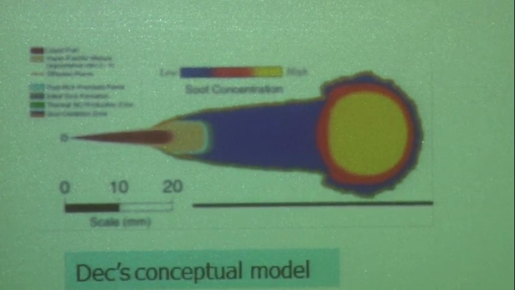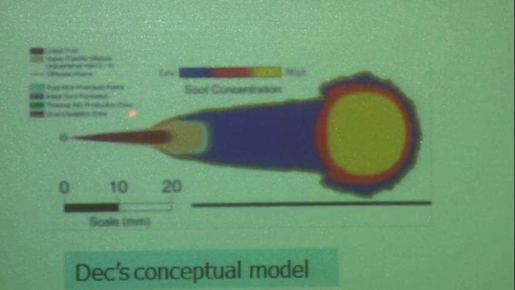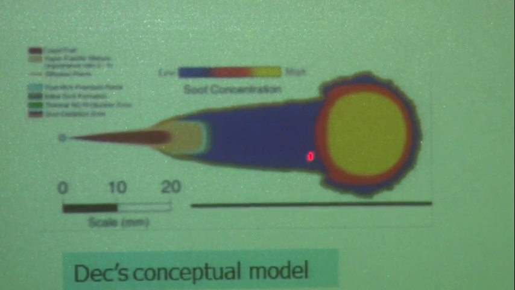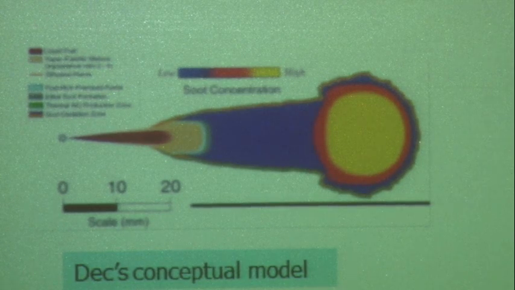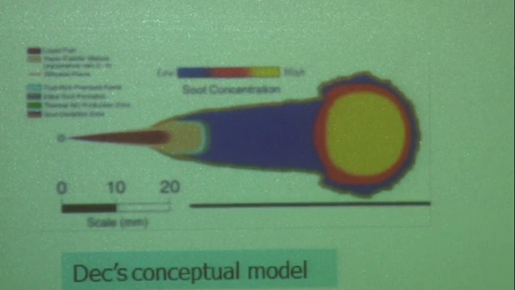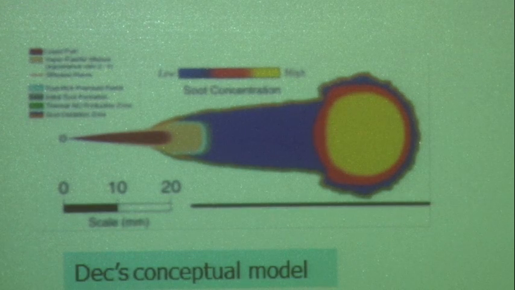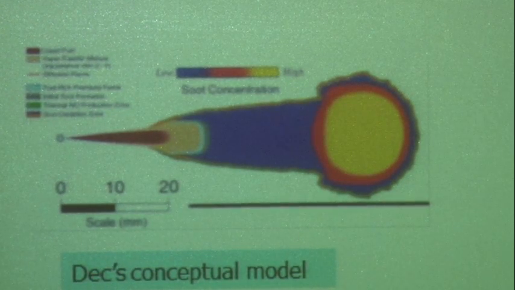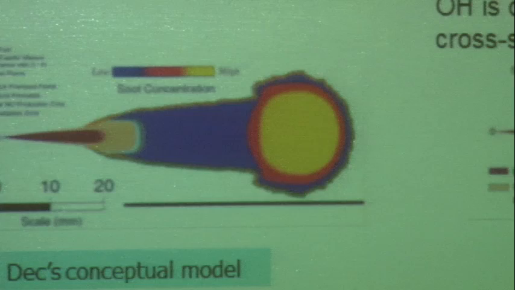If you look at where OH is located, basically it is located in a region around the developing jet in the diffusion flame region. And we'll talk more about that in a minute. So that came from his experimental work.